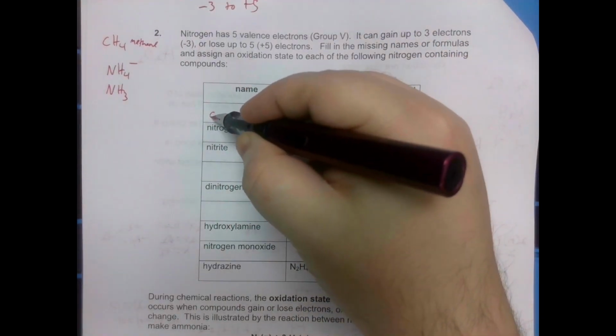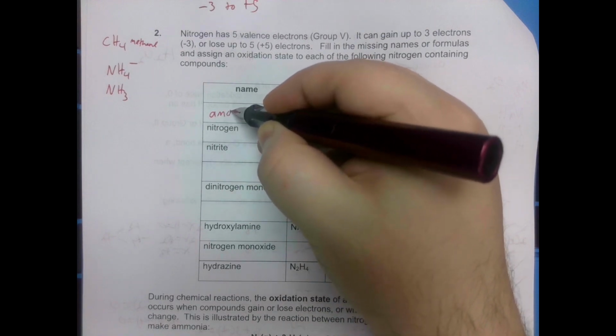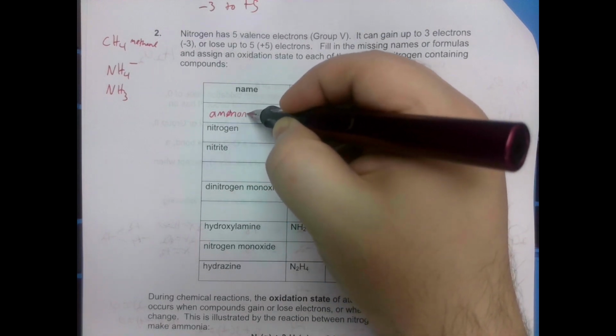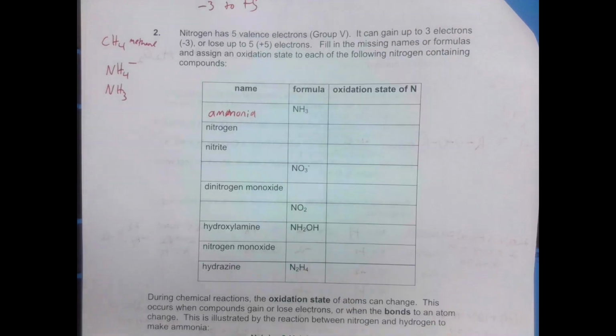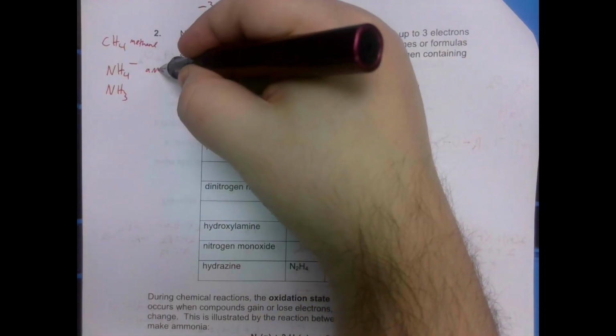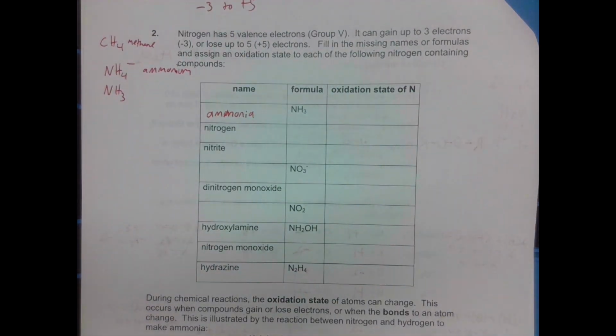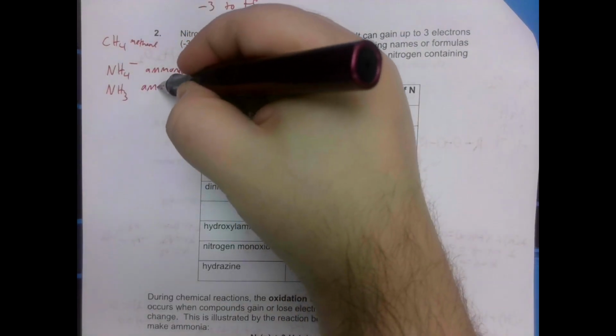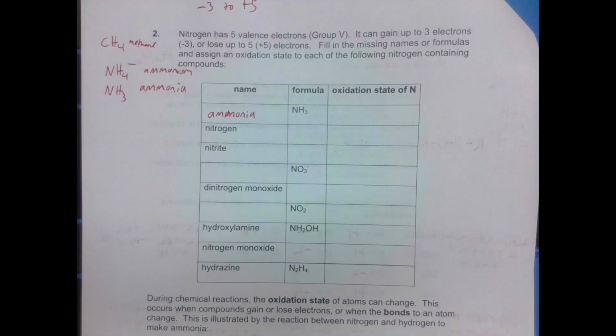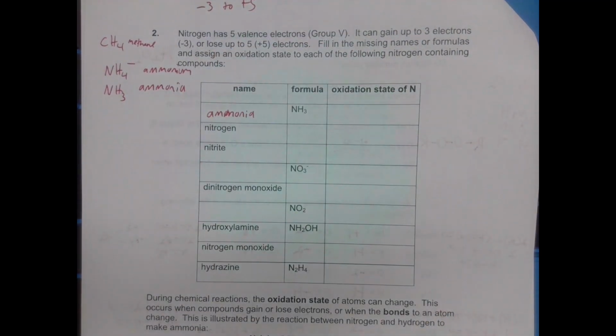Ammonia. I thought ammonia was NH4 positive. That is ammonium. It's the ion version of ammonia, and this is ammonia. The IUM refers to the fact that it's an ion.